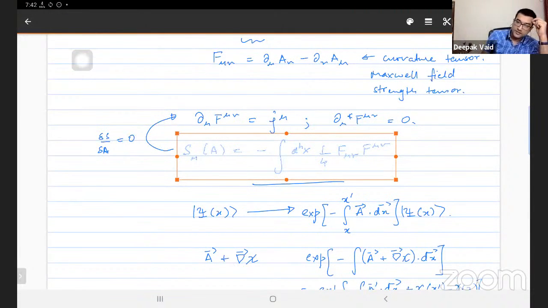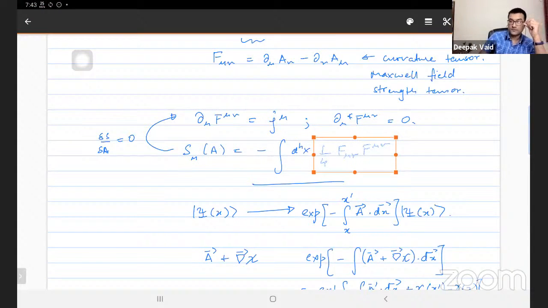The derivative terms come from the abelian part. If you have an abelian connection, then you don't have any A squared terms. You only have derivatives of A, so it looks like all kinetic terms.